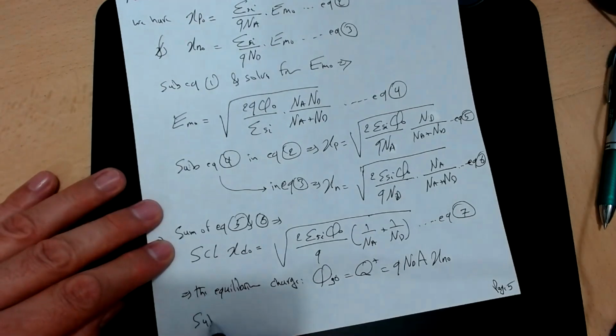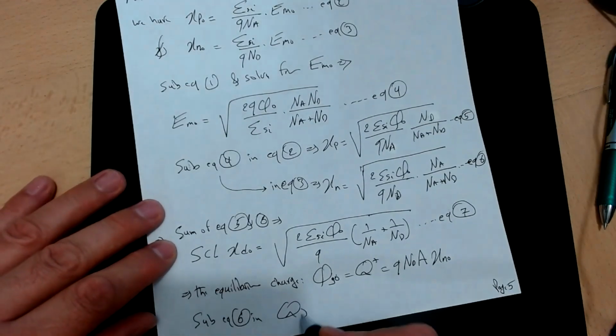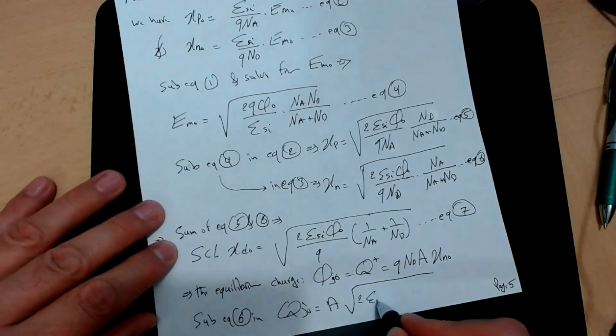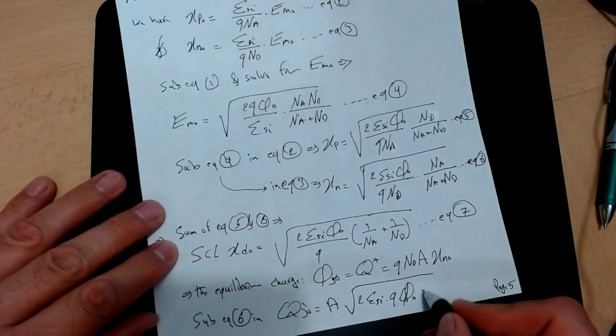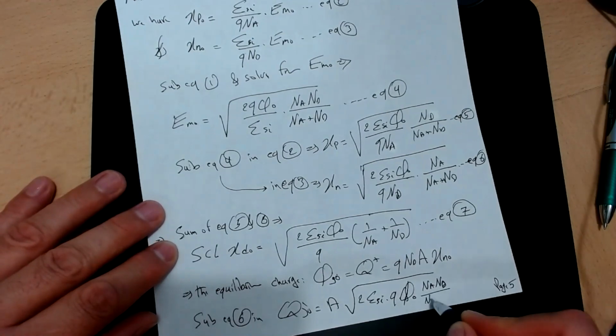So we're going to substitute equation 6, and QJ0 is equal to the area times the square root of 2 epsilon for the silicon, Q phi 0, NA ND over NA plus ND.